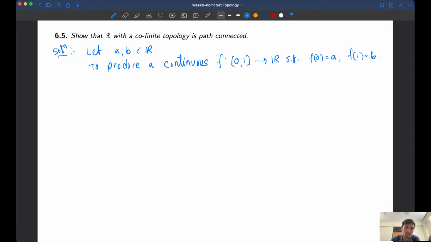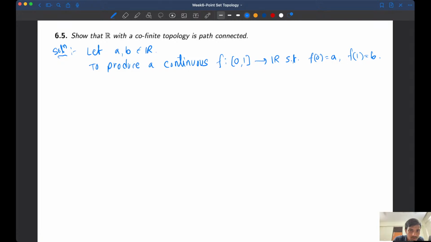So no, that doesn't send 0 to a. You're saying just consider the linear path joining a and b? I can't hear you properly.